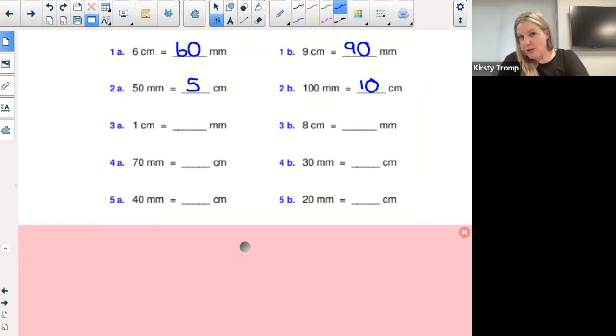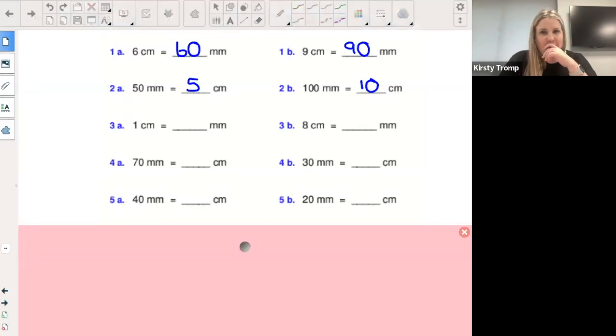Make sure you've written them down so that you've got some practice. Okay, really important that we get the practice in, guys. Very, very important.